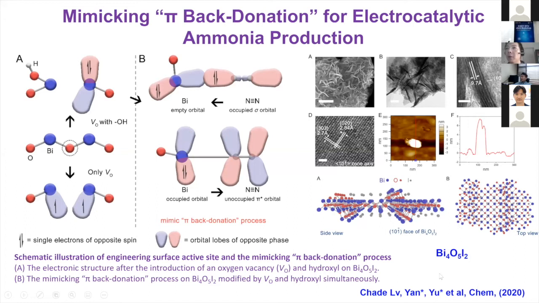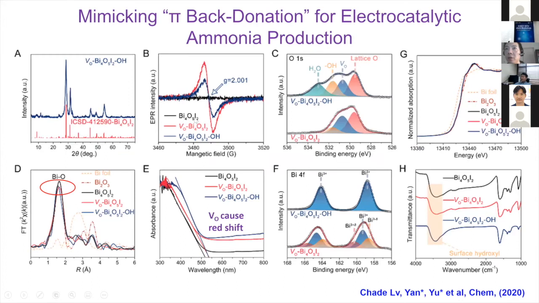So before that, we did a whole set of calculations to confirm that there are unpaired electrons in these 3 different kinds of catalysts: pure bismuth oxygen iodide, with oxygen vacancy, and with both oxygen vacancy and the OH group on the surface.